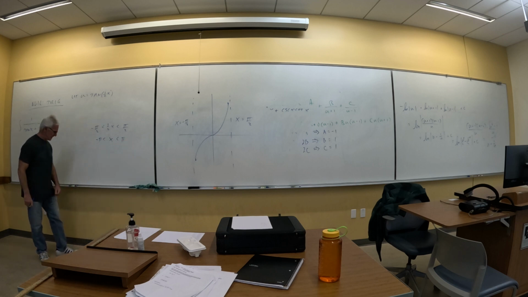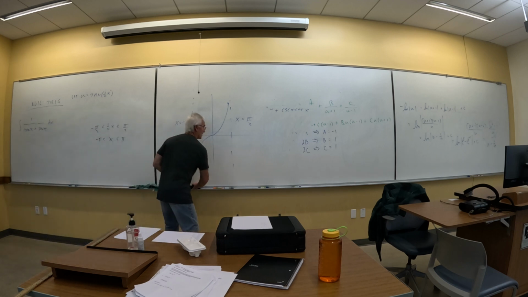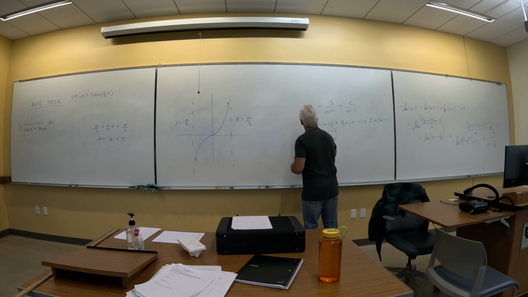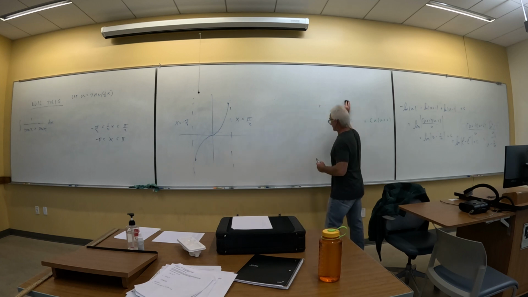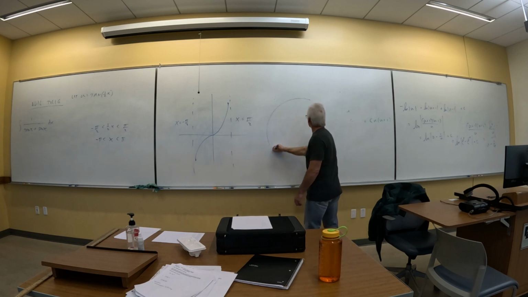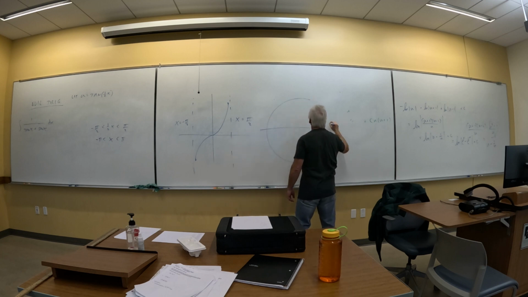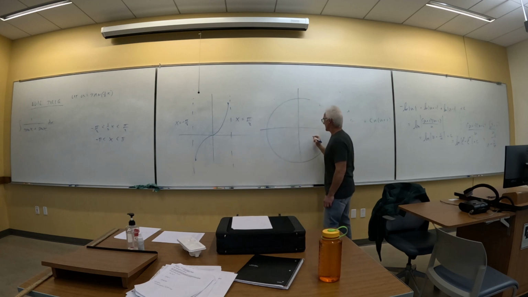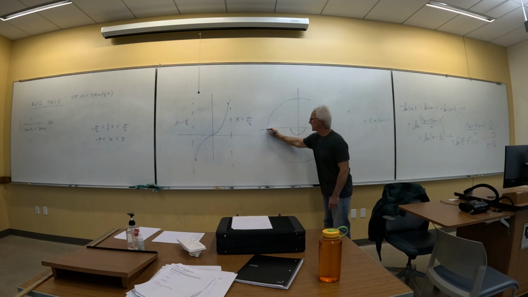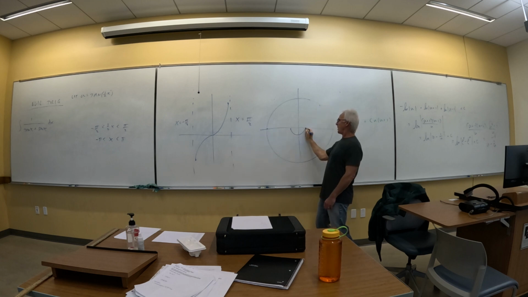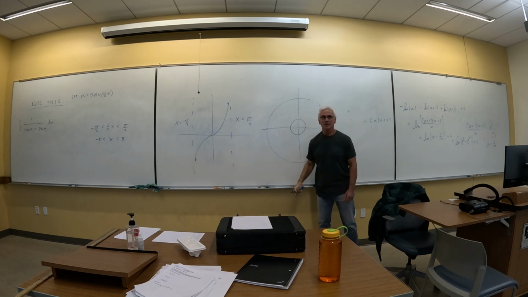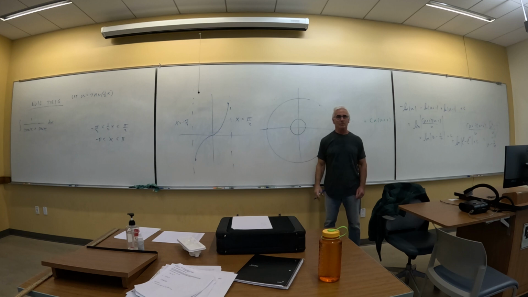Well, that's kind of advantageous. You know why? Because that means on the unit circle, the angle of negative pi puts me here. The angle of positive pi puts me here. So that means on the unit circle, you don't think 0 to 2 pi, think any whole circle.